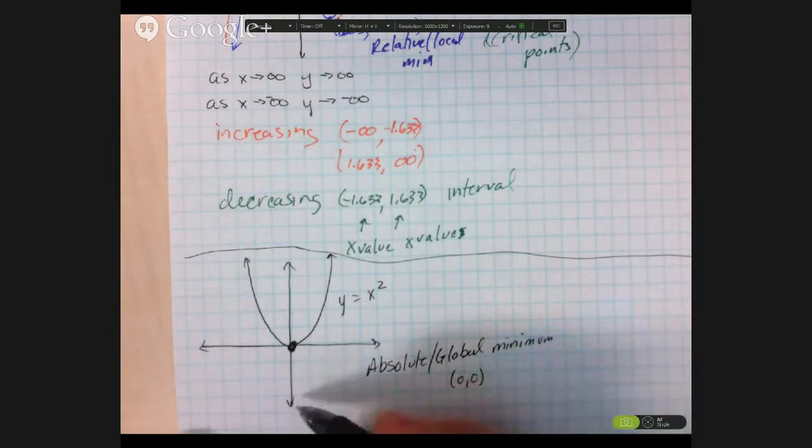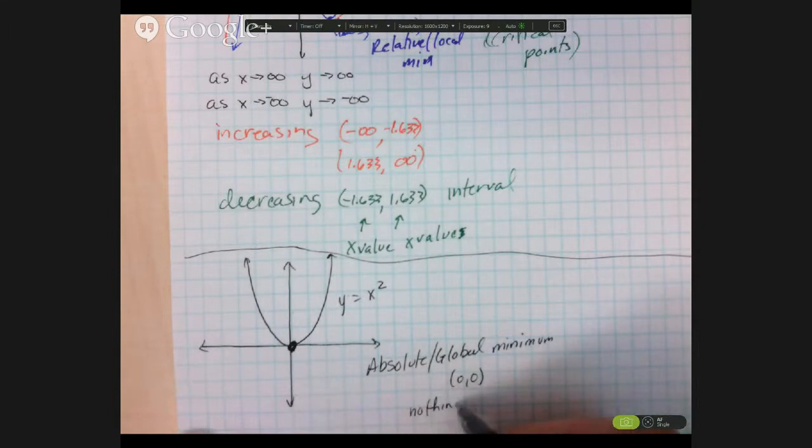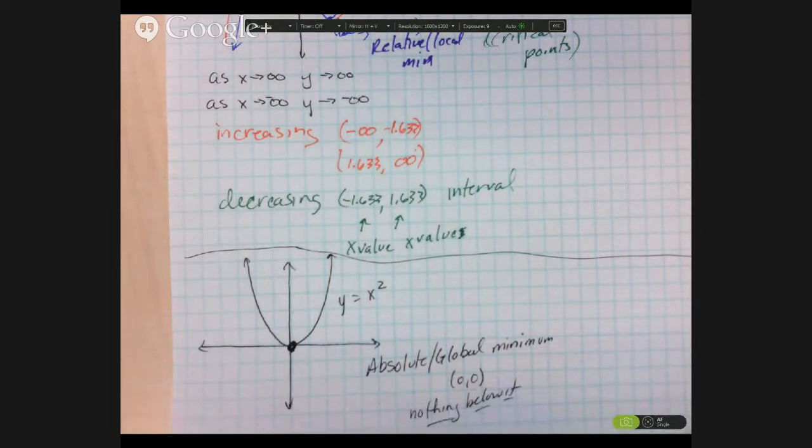Nothing is below it, so it's absolute. So you have maximum and minimum, and they can be relative or absolute. That's your goal for today, understanding that and being able to find those points. And again, we're practicing end behavior, and increasing and decreasing.